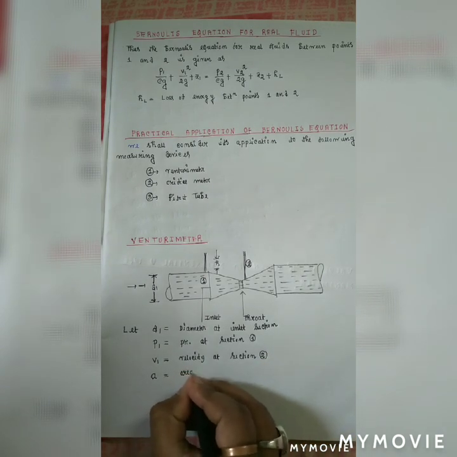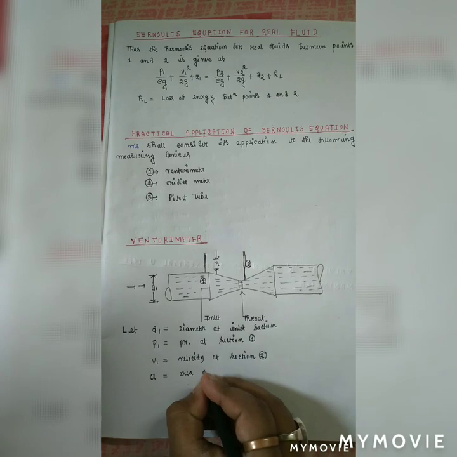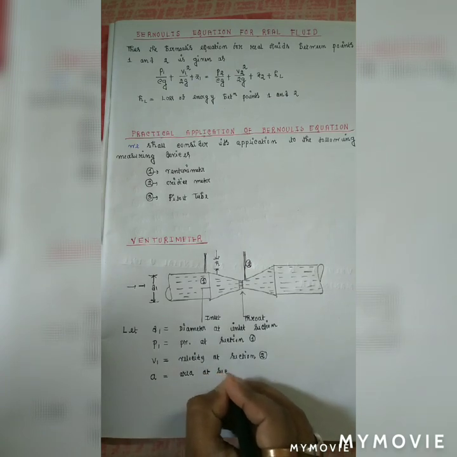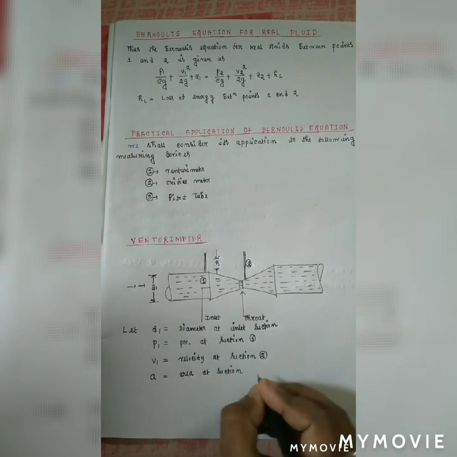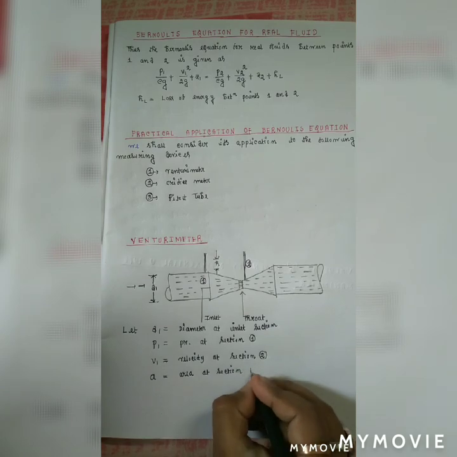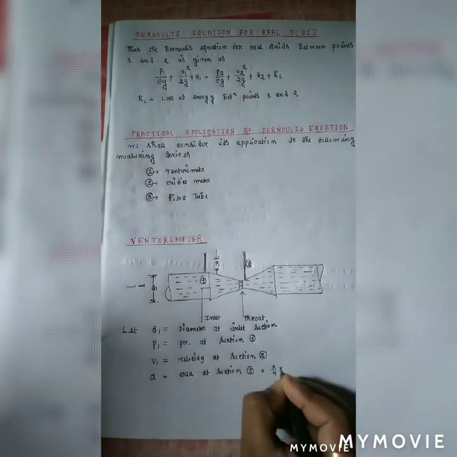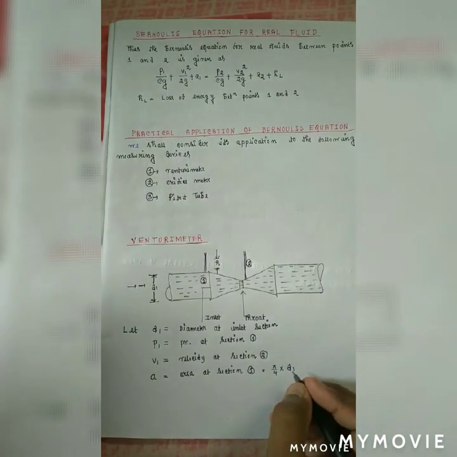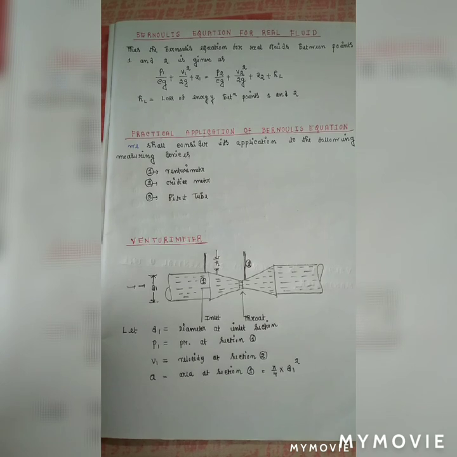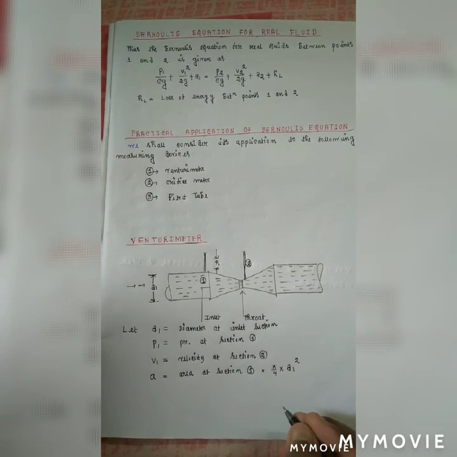Here all the terms are in the inlet portion, so this is written as 1. Next one is A, area at section 1. We know the area of cross section A equal to pi by 4 into d square, but in case of inlet section, this is pi by 4 into d1 square.